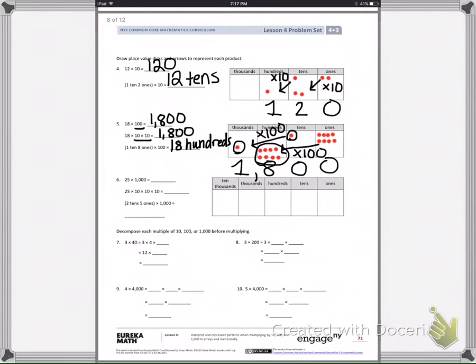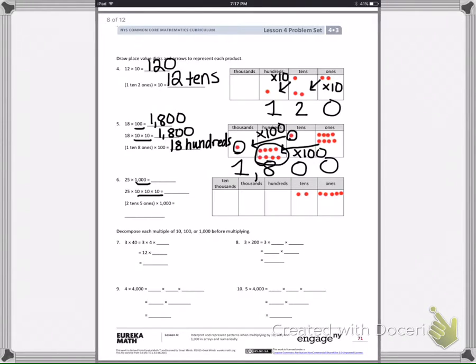Number 6, 25 times 1,000. Start by drawing 25 using place value discs. You have 2 tens and 5 ones. Multiply by 1,000. 10 times 10 times 10 is the same thing as 1,000.